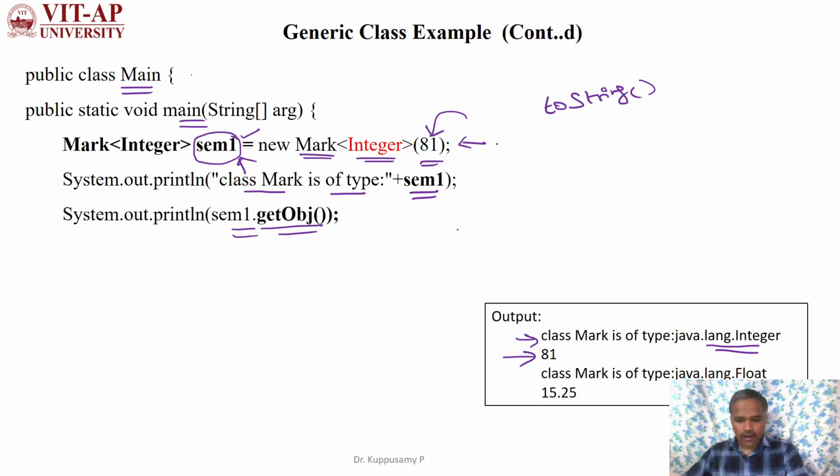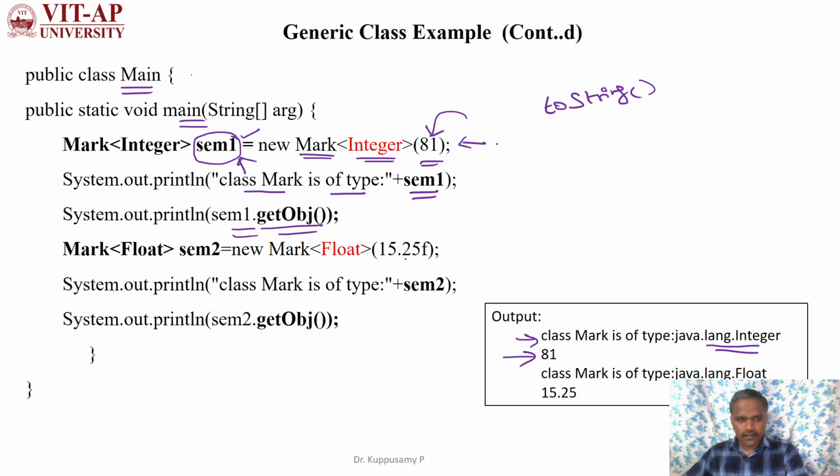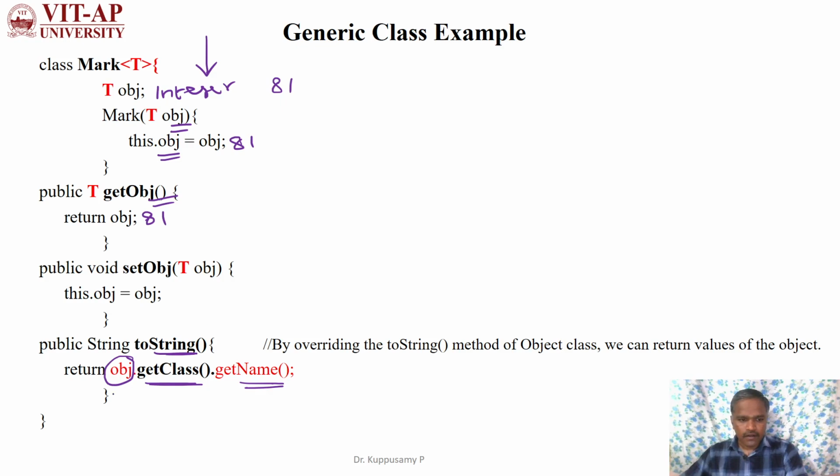Now I am calling the same constructor with data type Float. I am assigning that value to the object sem2. Here I am passing a floating point value. Once this statement is executing, control will pass to the constructor defined inside the class Mark.